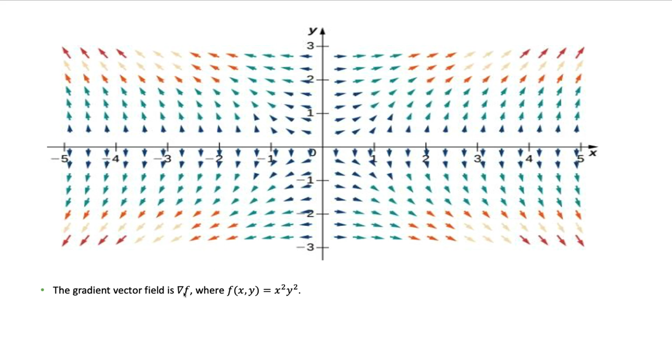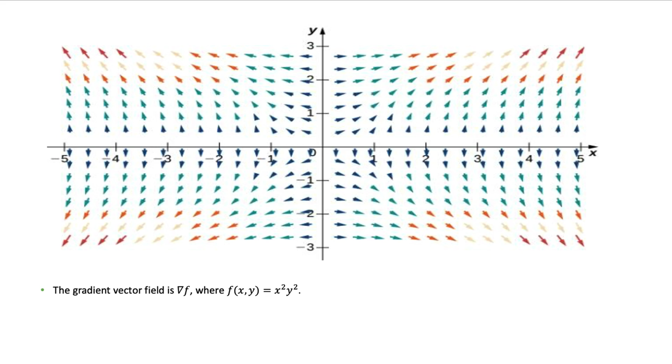Now, the gradient of f here, when you've got a gradient field, is also known as a conservative field. These types of fields are going to be very important in the work in the rest of the chapter. Now, we won't always have things that are gradient fields. The idea is not every vector field is actually induced by a gradient.